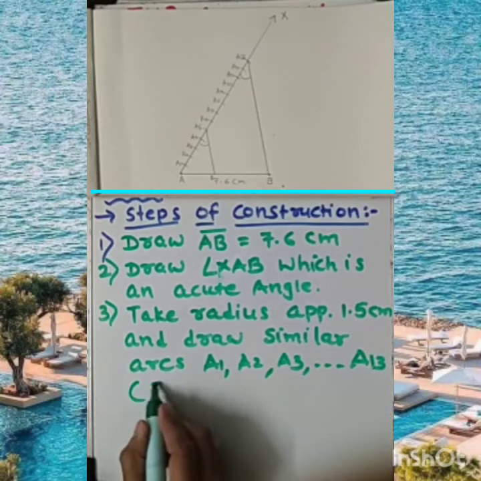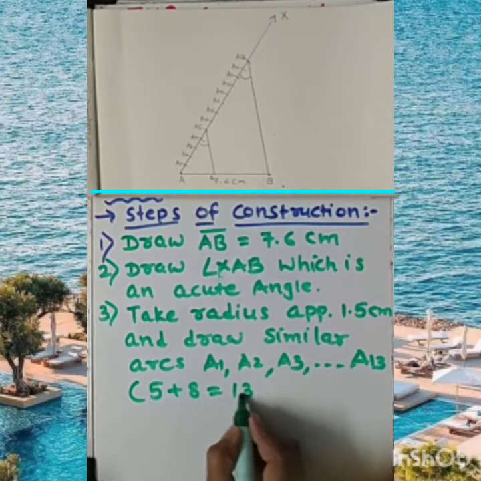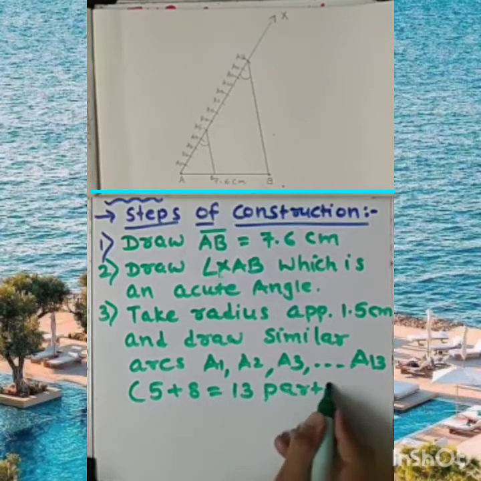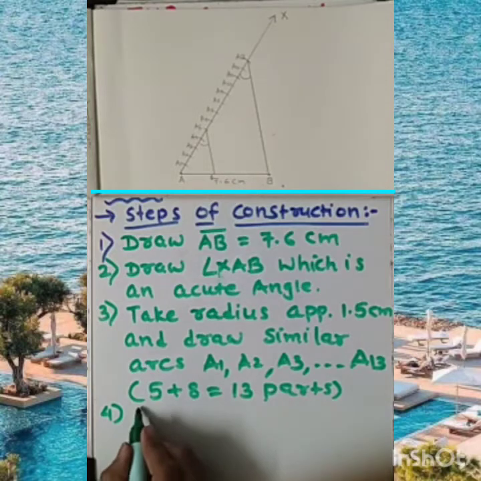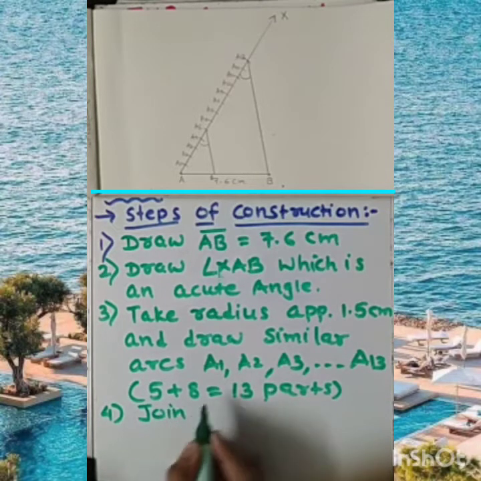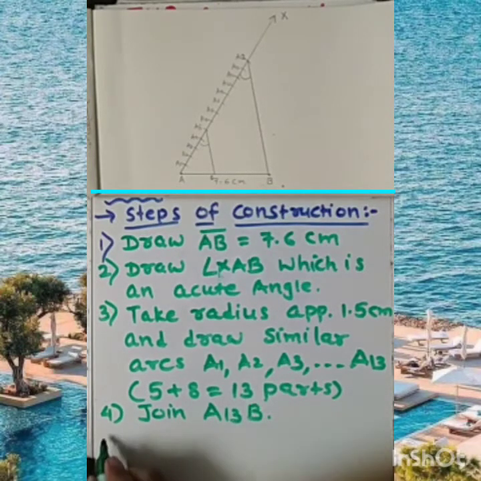What is the reason behind that? Because 5:8 means 5 plus 8, 13 parts I want to have. Then, in the next step, I have joined A13 with B. Join A13 with B.